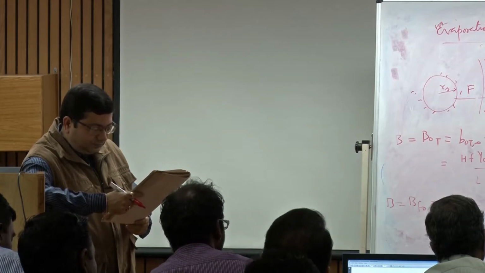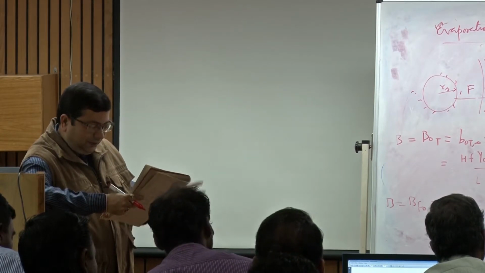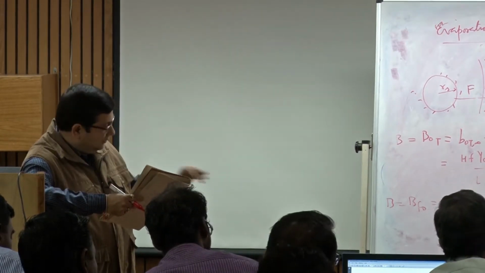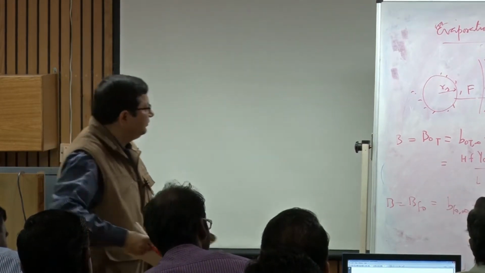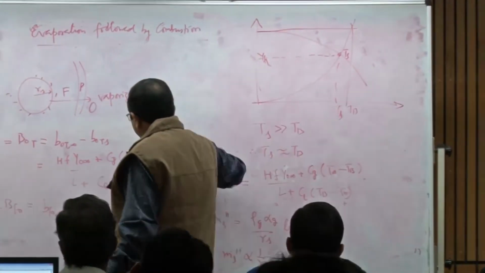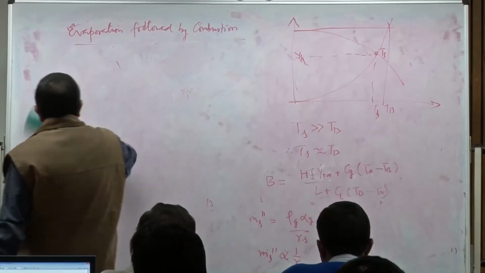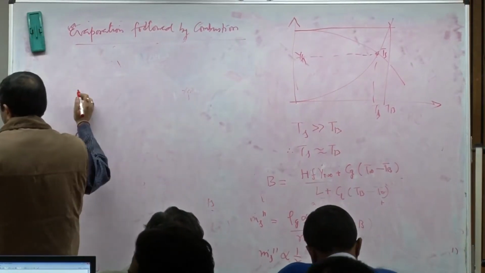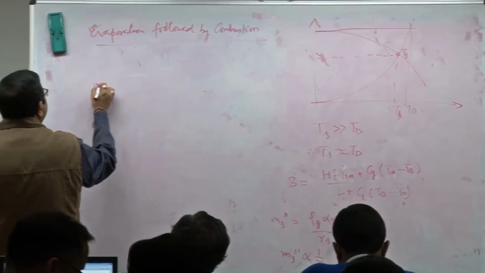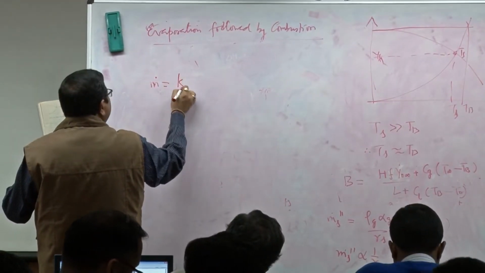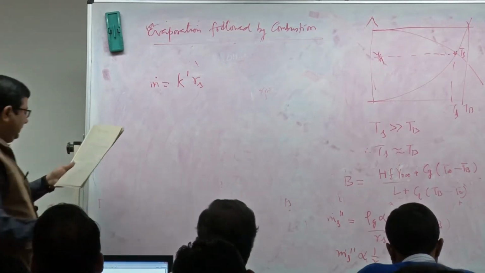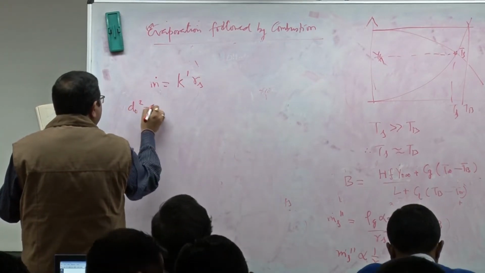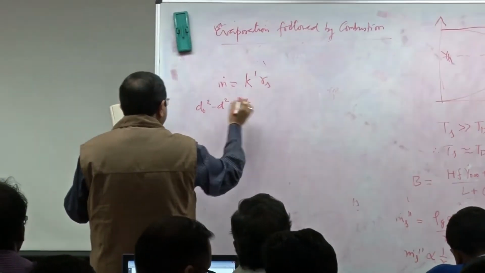Now, after going through all this, we have shown this, but at the beginning of our discussion, I had given some empirical expressions, which was m dot is equal to some constant times the droplet diameter radius, and we had got the d square law.